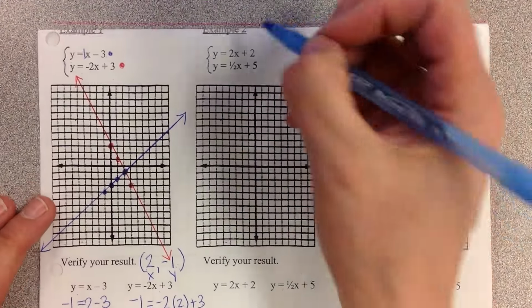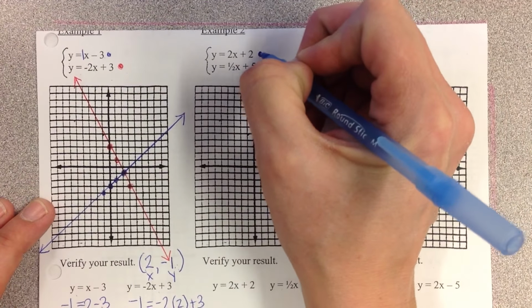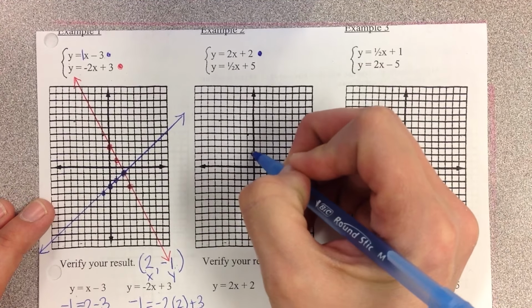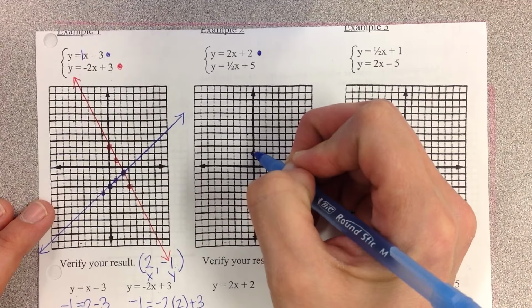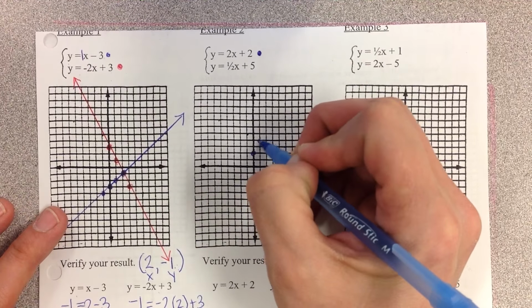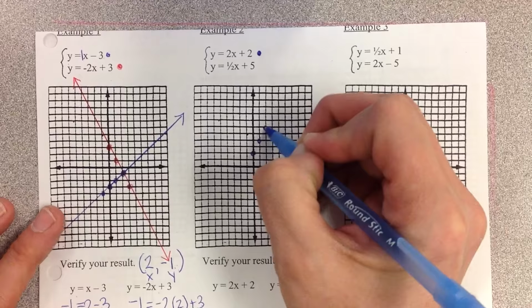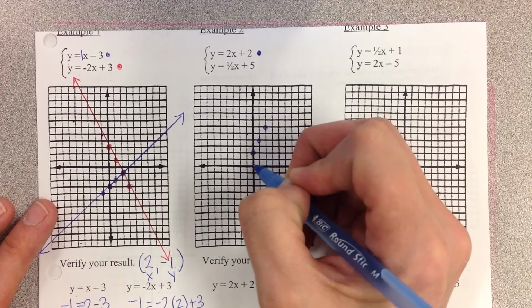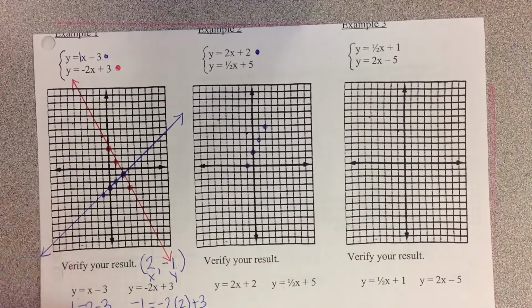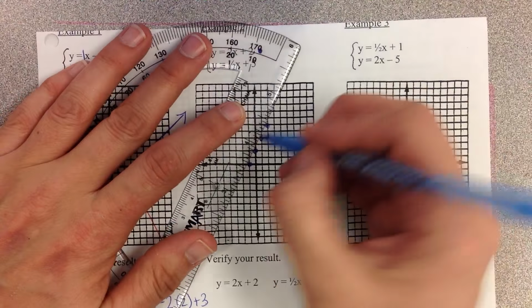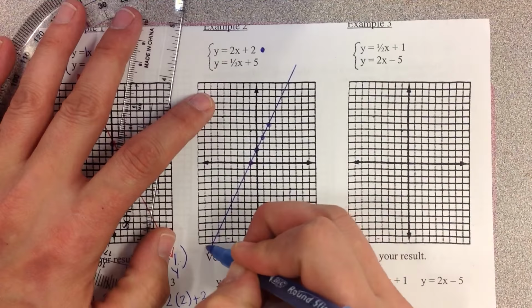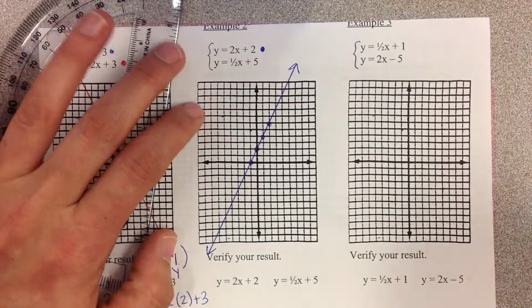Example 2. We begin this blue line at 2 on the y-axis. We have a slope of +2, so up 2 to the right 1, up 2 to the right 1, or fancy, down 2 to the left 1. Draw your line and move on to the next line.